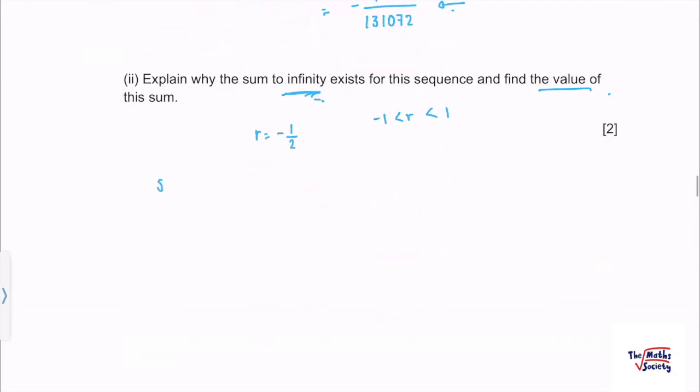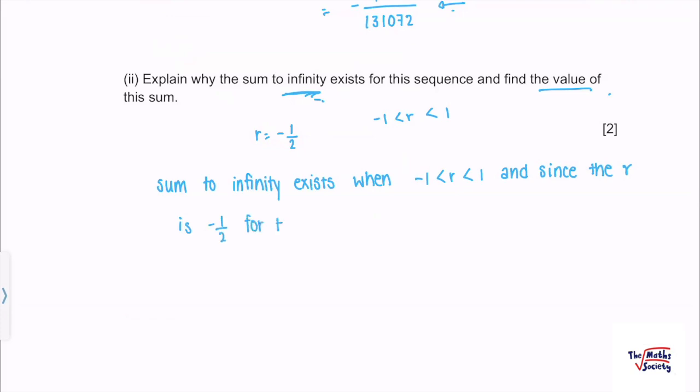So you have to say that the sum to infinity exists when r is between 1 and minus 1, and since r is minus 1 by 2 for the sequence, the sum to infinity exists.